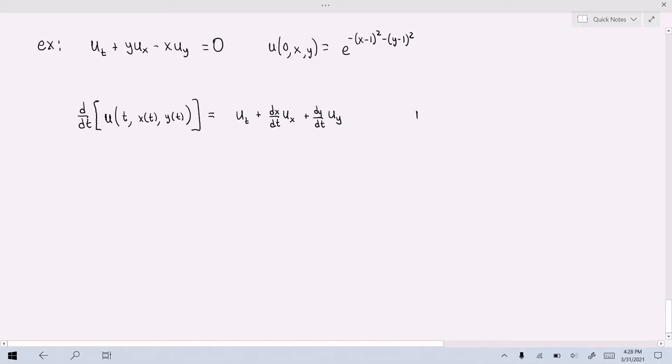Now, supposing that we were looking at a PDE of this form, if dx/dt were equal to p, and if dy/dt were to equal q, then we could say that this is equal to u_t plus p u_x plus q u_y, okay?